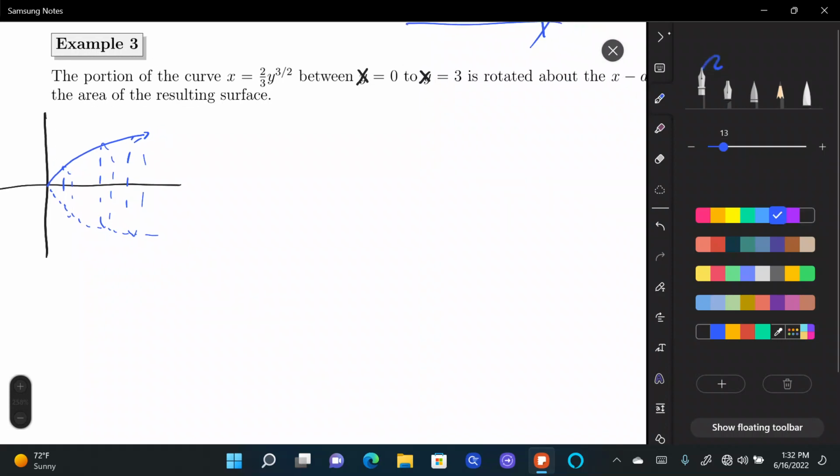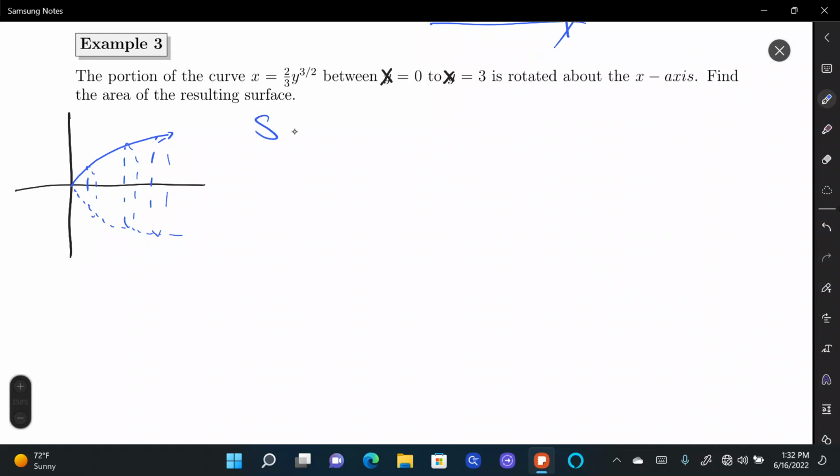And let me write down the formula first. So we start with that. Big S equals 2 pi integral from c to d of r of y square root of 1 plus, in this case we use the letter g prime for functions of y.